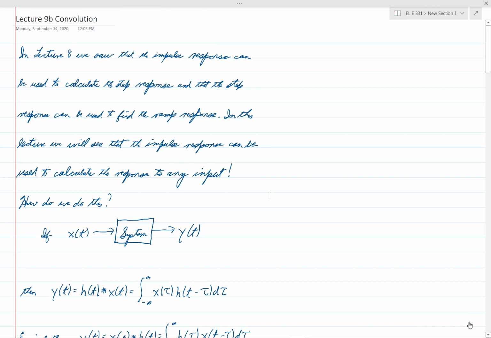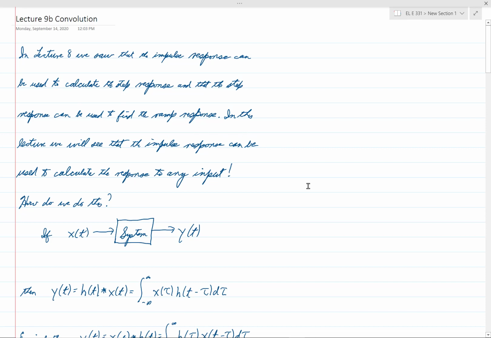Okay, so as I said, lecture 9a was talking about old material. In lecture 8 we saw that the impulse response can be used to calculate the step response, and that the step response in turn can be used to find the ramp response.